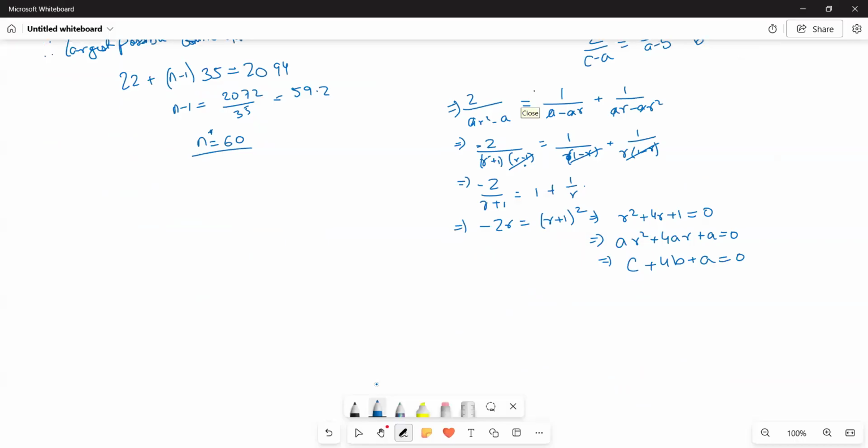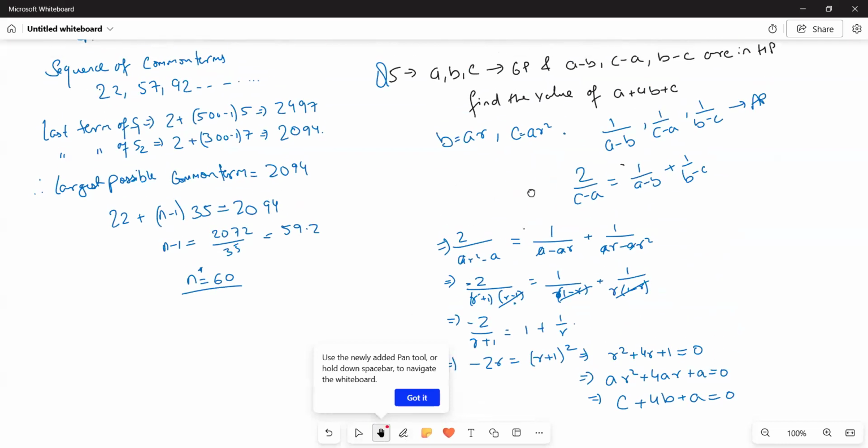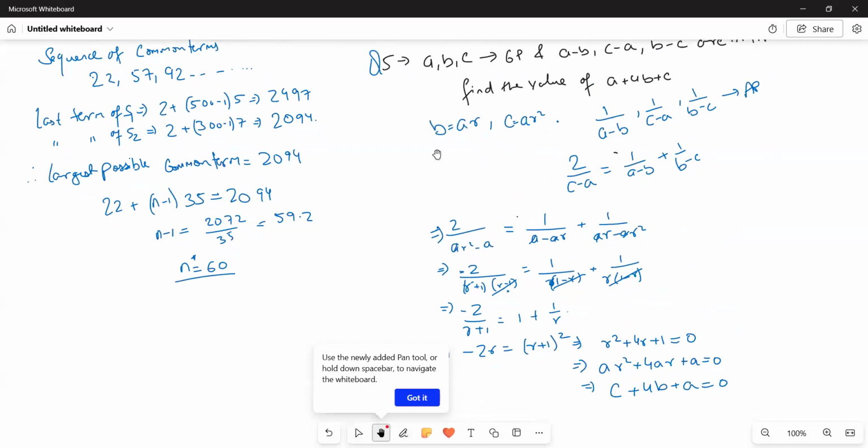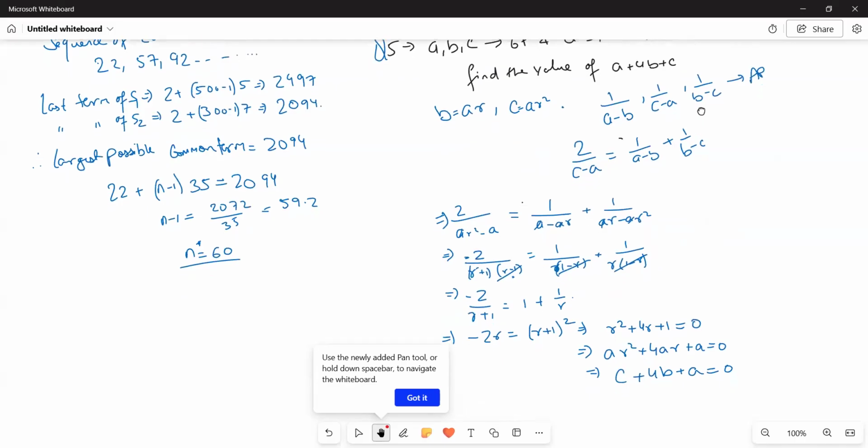Okay. So for this question, basically what we do is, since A, B, C are in GP, तो B को ले लेंगे AR, C को AR square, and since this expression is in HP, तो reciprocal आ गया AP में.